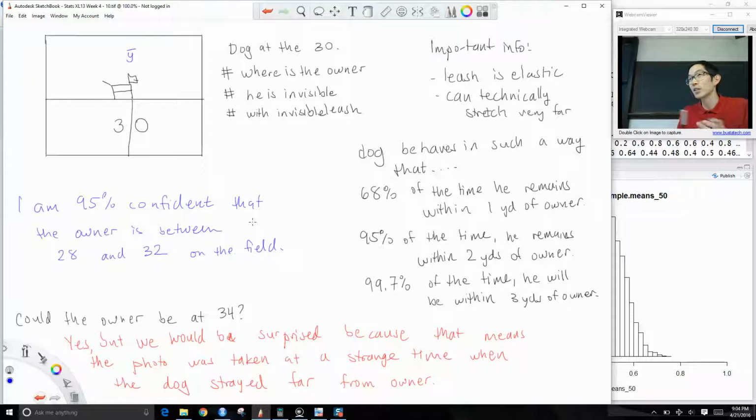Because the dog's on the leash. Because we know the dog's on the leash and we know the behavior of the dog, if we see the dog located at 30, we can then say, well, the owner has to be somewhat nearby. And in the same way, if we see y bar located at a certain place, we can say the owner should be nearby. Or, sorry, not the owner, the population mean mu should be nearby. So where's the owner? The owner can be thought of as population mean mu.